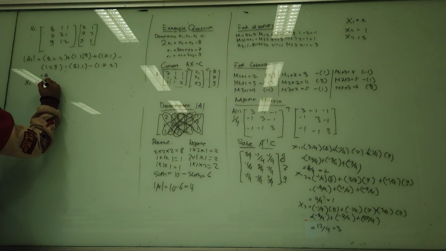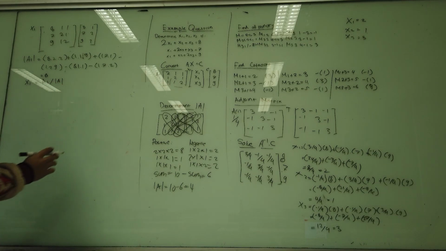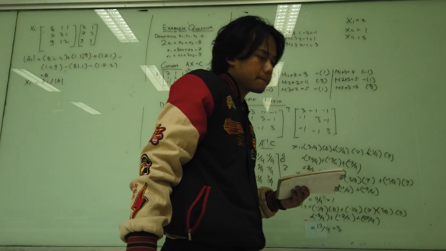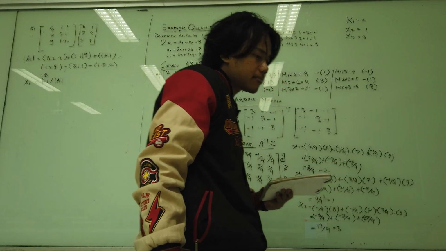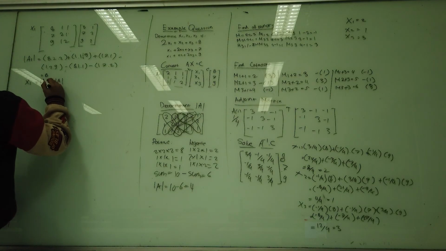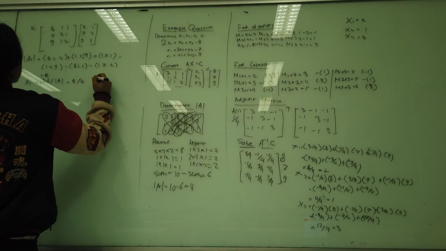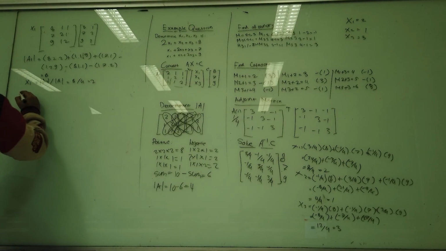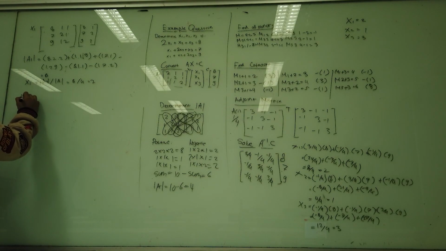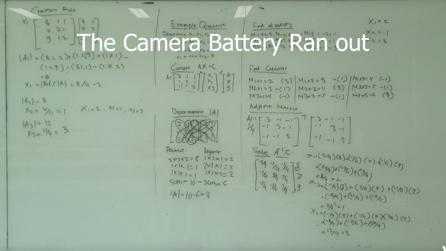This A1 per 4, which gets you 8 per 4, and you got 2. And then the same for A2, which the result is 4. And then so x2 is 4 per 4 equals 1.